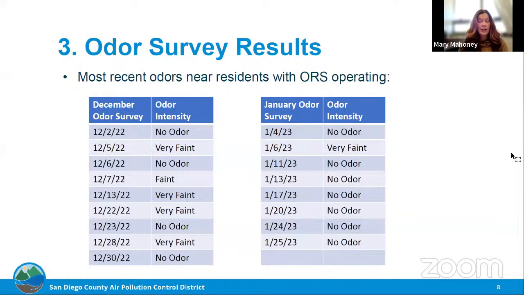You will notice that the highest odor intensities found near residents thus far has been faint, and that was observed on December 7th. A no odor rating has become the most frequent observation and the recent trend as well.